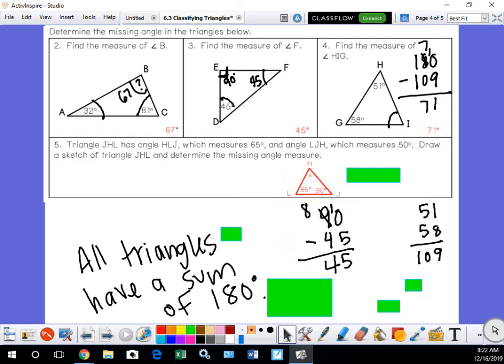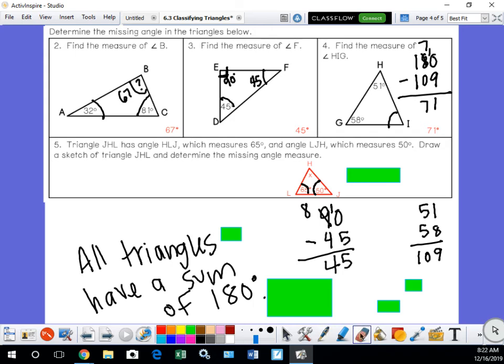It just wants you to draw a triangle and label it JHL. It doesn't really matter the order of those. You just need to make sure that in between H, L, and J, you have 65 degrees. So in other words, angle L is 65 and angle J is 50. And then we need to find our missing angle.